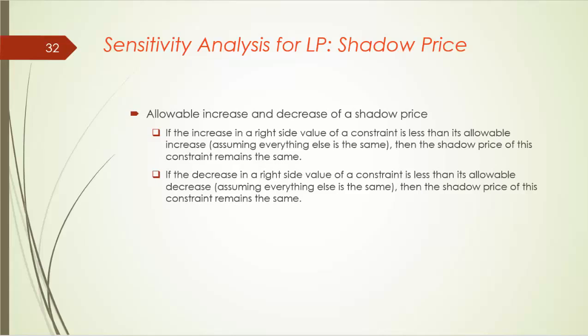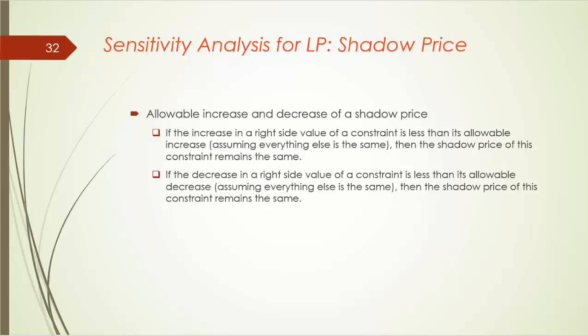There's also allowable increase and decrease associated with each constraint. However, their meaning is very different from the meaning of allowable increase and decrease of an objective coefficient. We have to be very careful about that.